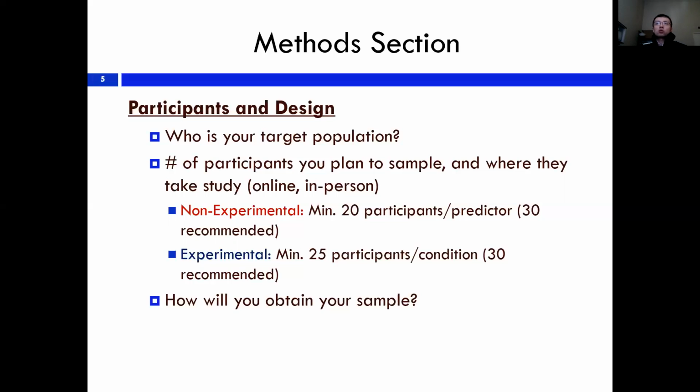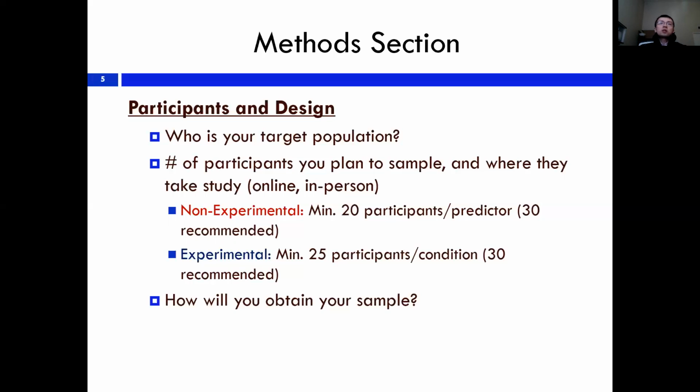And then, more importantly, you want to tell the readers how many participants you plan to sample and where they take the study. Is it an online survey or a paper-and-pencil survey? Is it a lab experiment or an online experiment, for example?